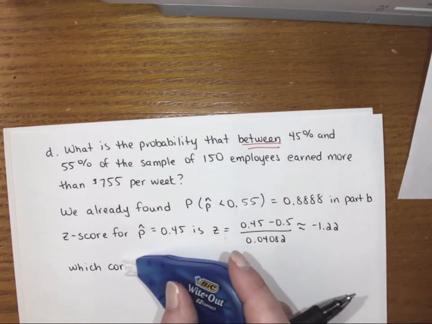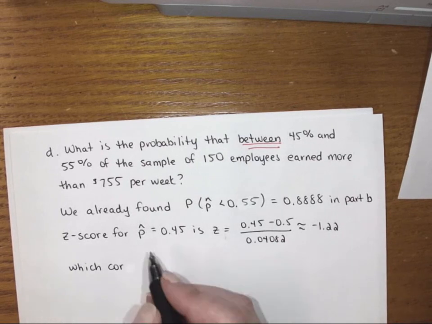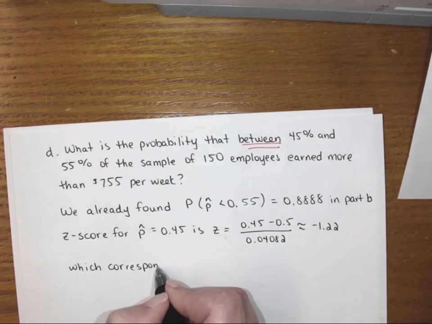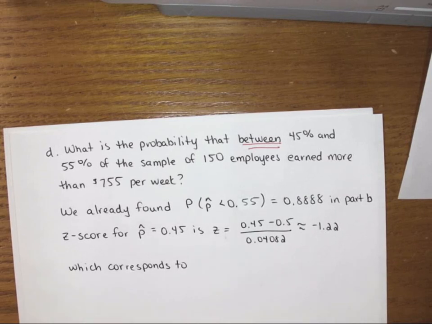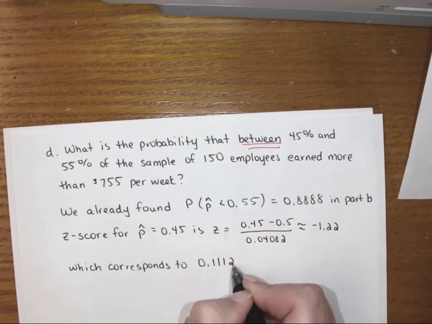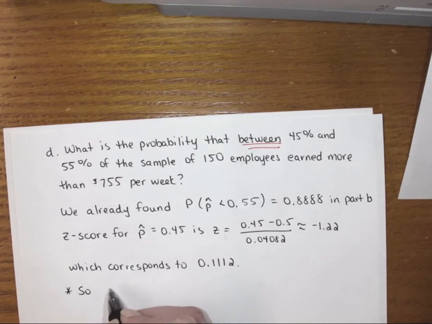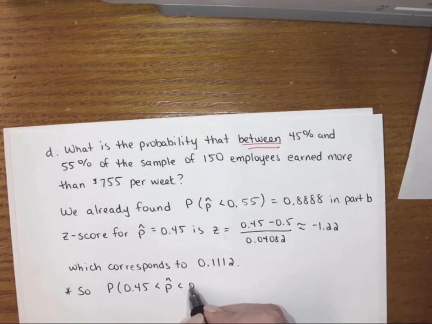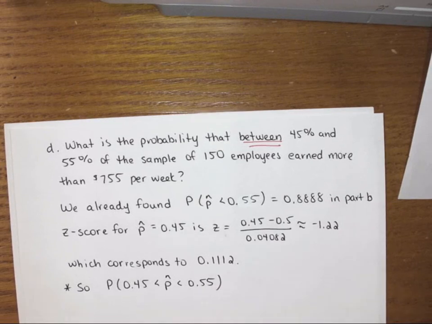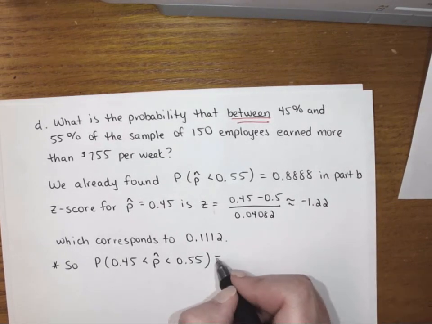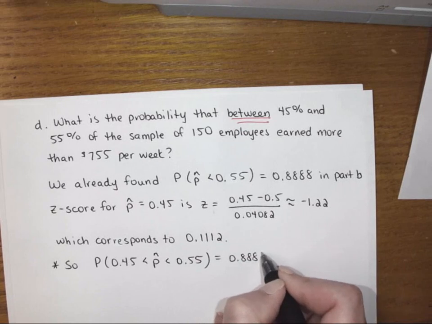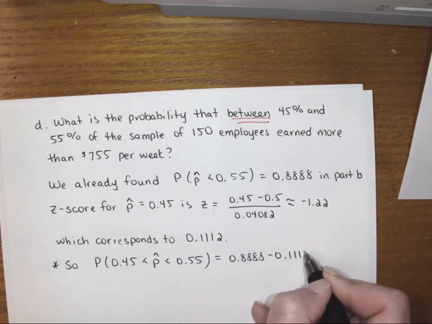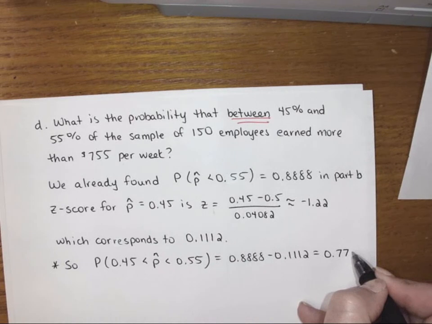Which corresponds, if you look at your chart, to 0.1112. So the final answer, and this is how I want these written, the probability that p hat is sandwiched in between 45% and 55% is going to be whatever you get when you subtract the two proportions that we got. And so that would be 0.776.